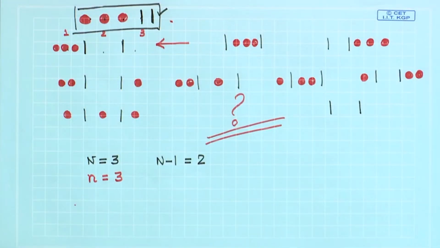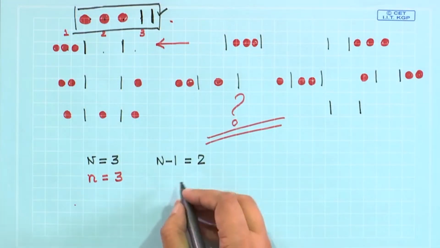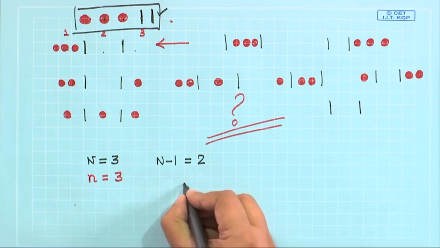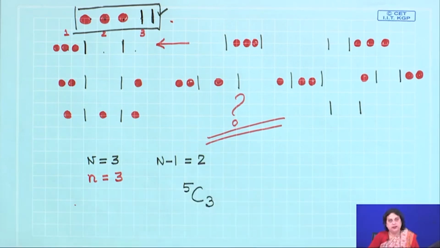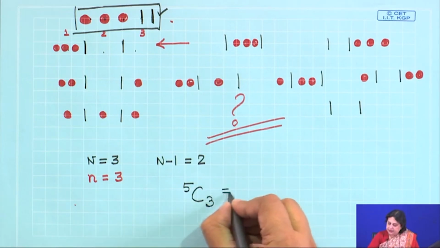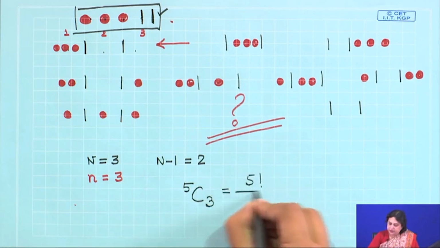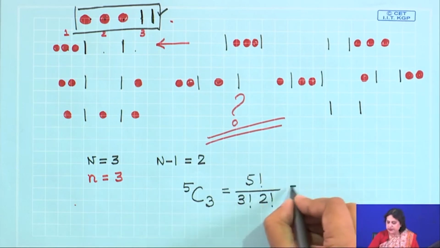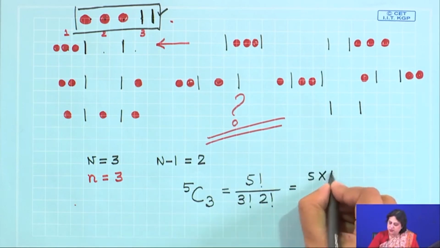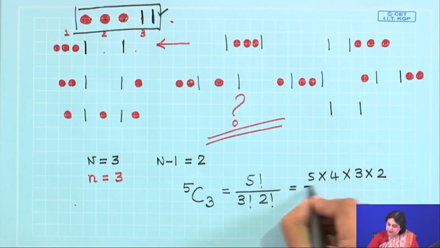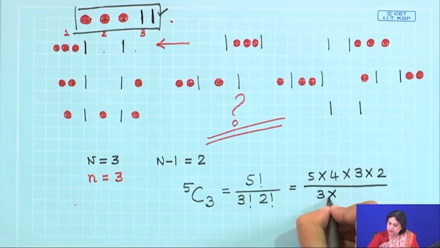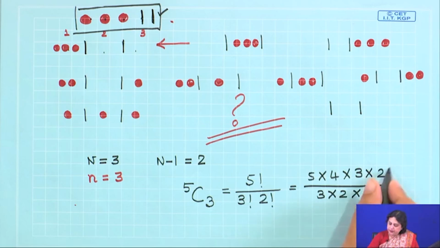And that can be done in a way that I will say this would be 5C3. And this can be evaluated as factorial 5 by factorial 3 into factorial 2. So, that is 5 into 4 into 3 into 2 divided by 3 into 2 into 2.